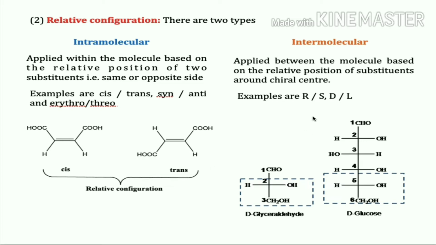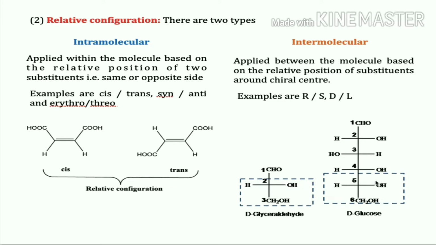So what is intermolecular configuration? It is applied between molecules, based on the relative position of the substituent around a chiral center. Here there is a chiral center. While assigning D and L configuration, we compare the substituent OH, whether it is on the right side or left side.